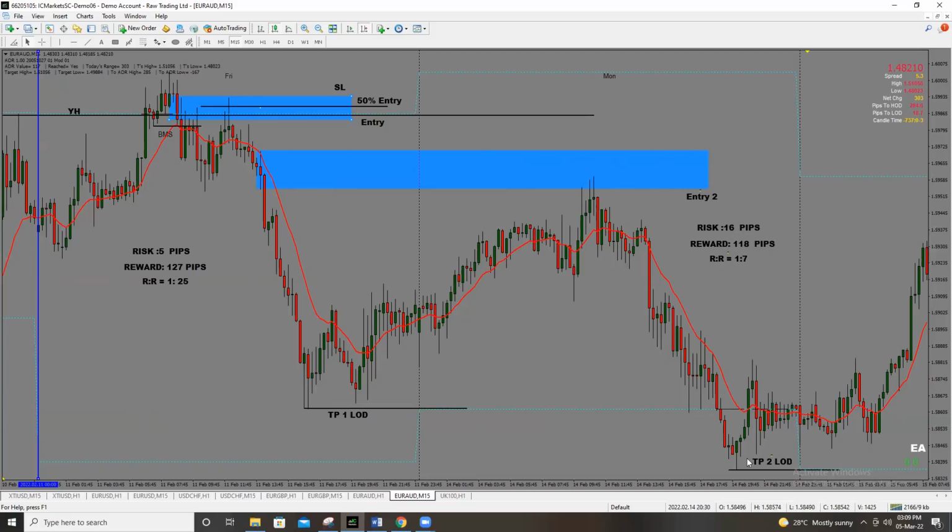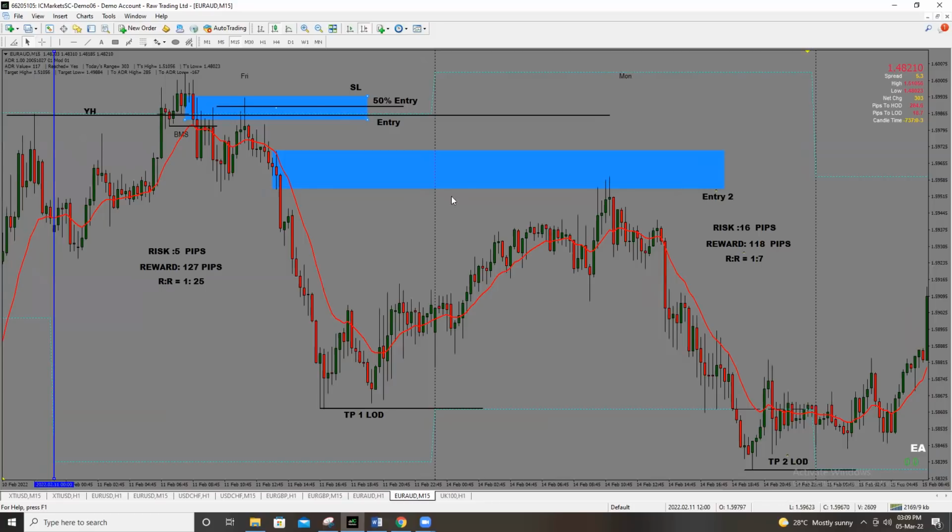And for the second day, you're taking your TP at the low of that day, and the reward is 118 pips, which is basically 1:7. Still okay. Any trade that gives you more than 1:4 or 1:2 or 1:3, it's okay. It's a good trade. So that is the second example.